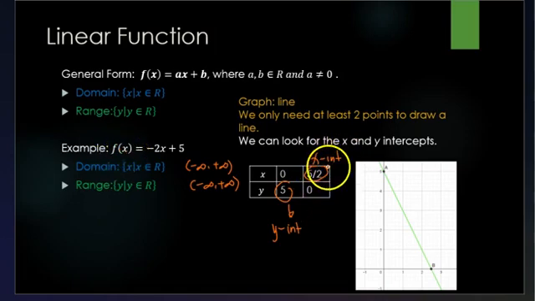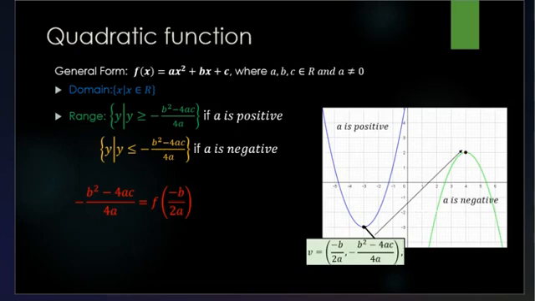But aside from this, we can just assign any points. For example, we can also assign x as 0 and 1 and solve for y. So any assignment of x will do. We have those 2 points, you plot those 2 points, and you connect, and you have your line.